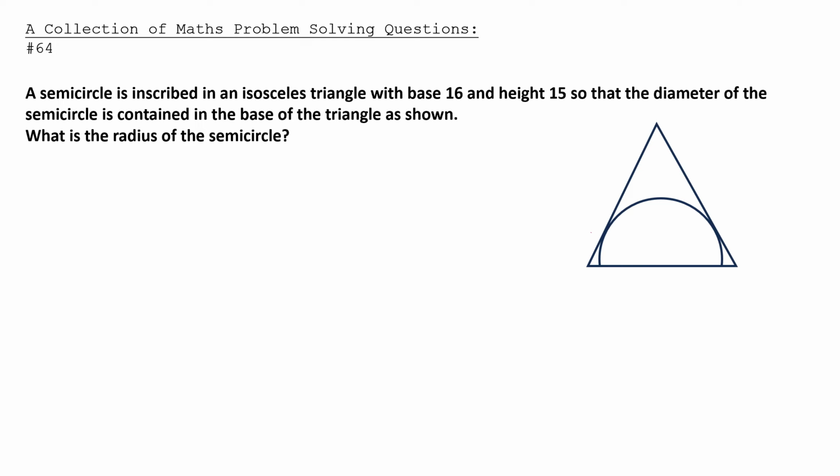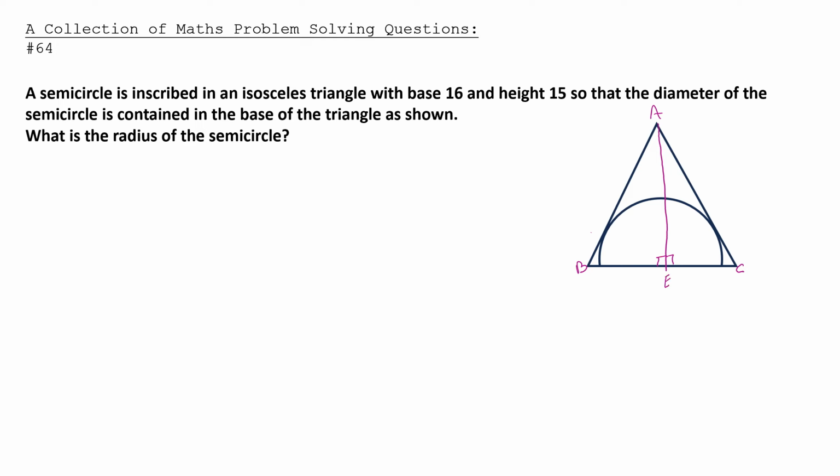So I will start with naming the triangle. I have A, B, C, and they are saying that BC, which is the base of the isosceles triangle, also has the diameter of the semicircle. So if I were to drop a perpendicular from A onto BC, it would be the perpendicular bisector.